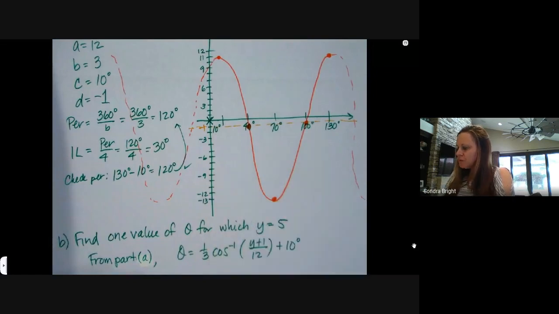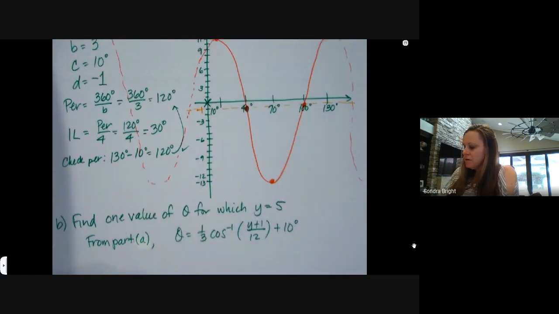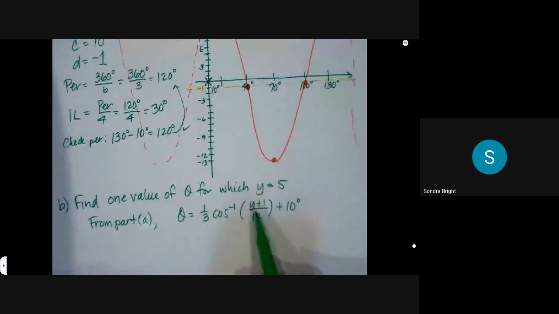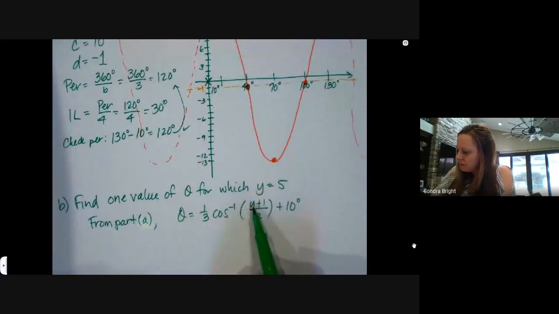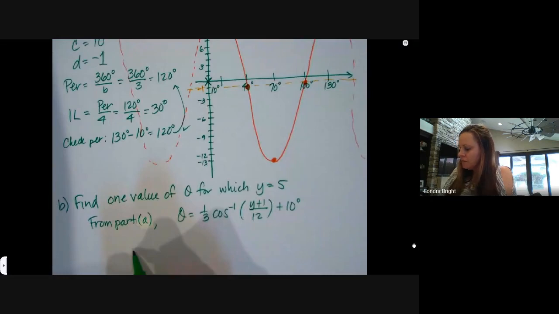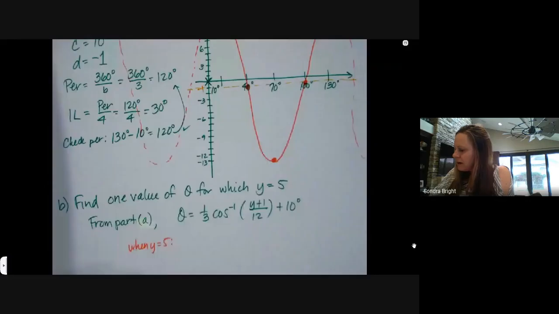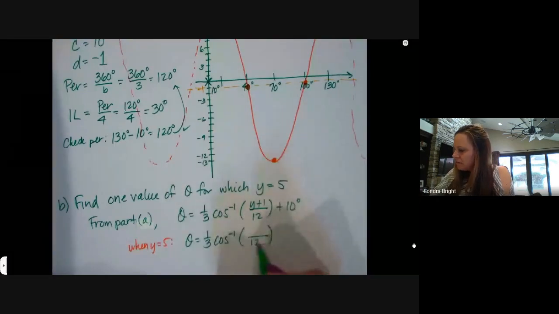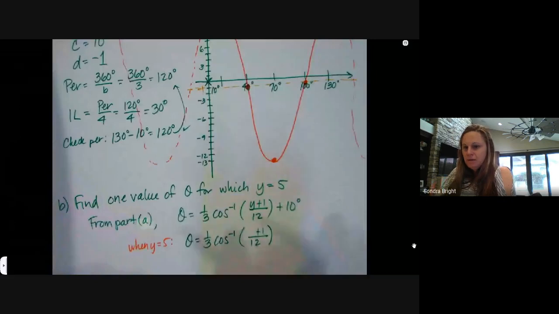So now, if I want to find a value for theta when y is 5, I'm going to plug a 5 into y. So when y equals 5, I would have theta equals 1/3 inverse cosine of, I'm going to plug a 5 into y, plus 10 degrees.